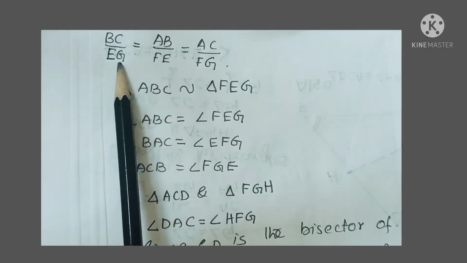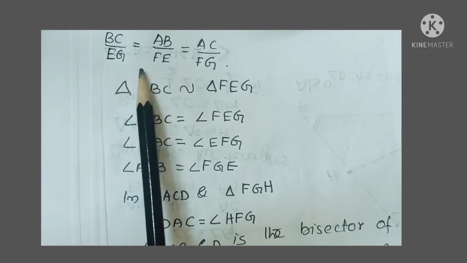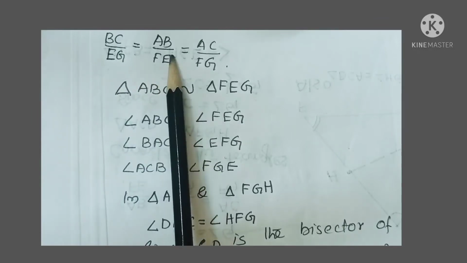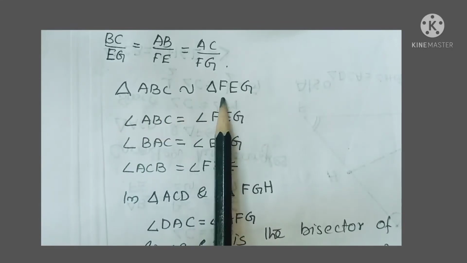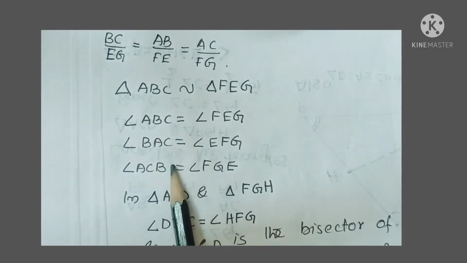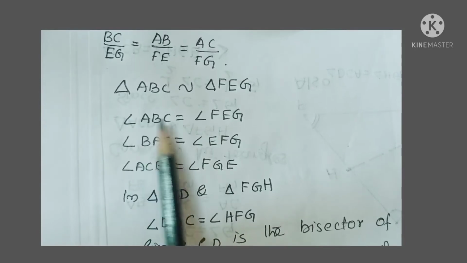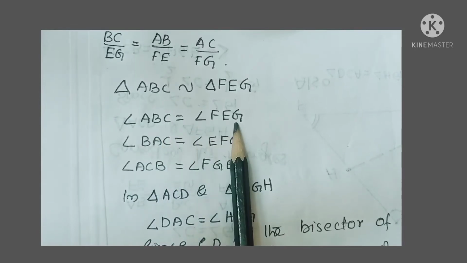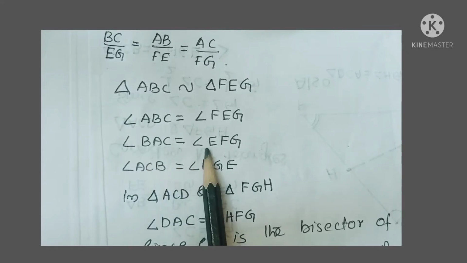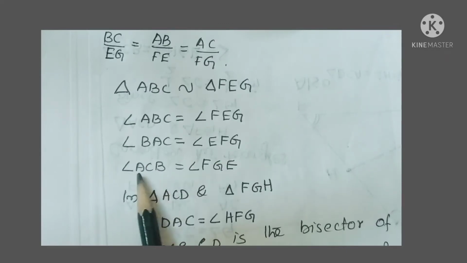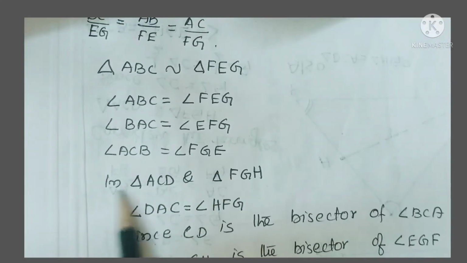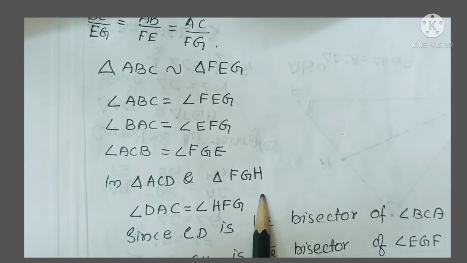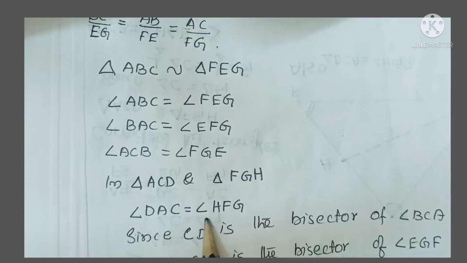Consider the ratio of the sides: BC by EG equals AB by FE equals AC by FG. Then triangle ABC is similar to triangle FEG, that is given. Then which are the corresponding angles? Angle ABC equals angle FEG, angle BAC equals angle EFG, angle ACB equals angle FGE. In triangle ACD and triangle FGH, angle DAC equals angle HFG.